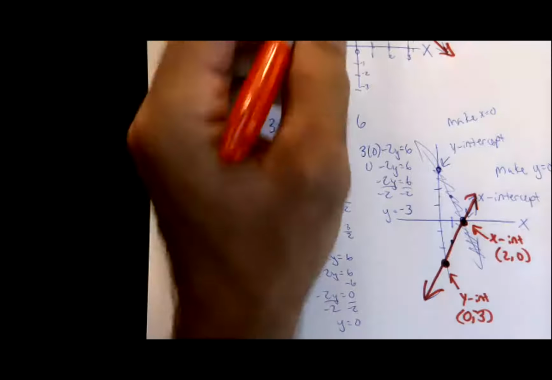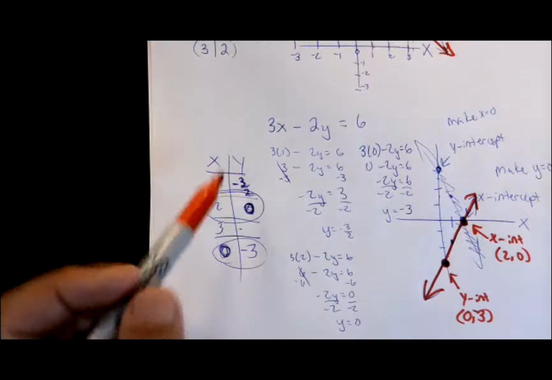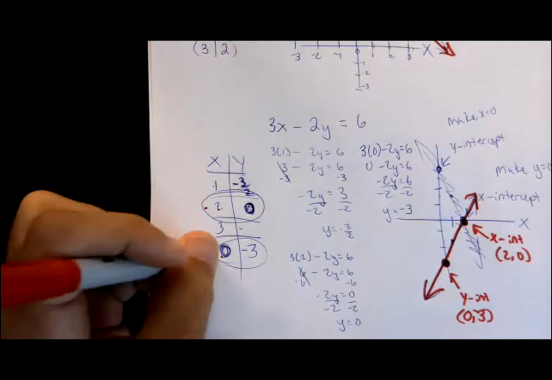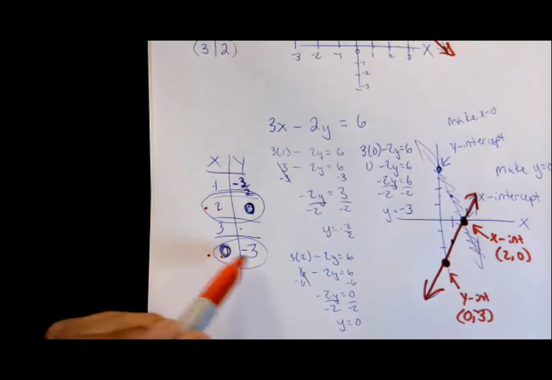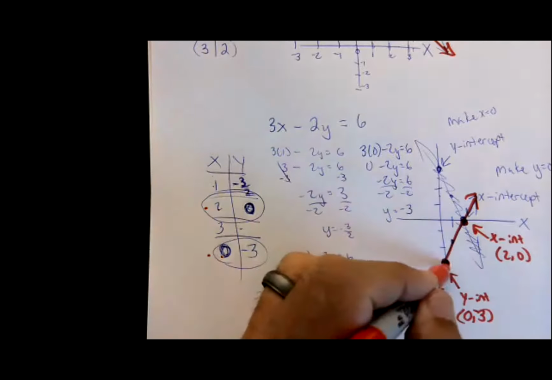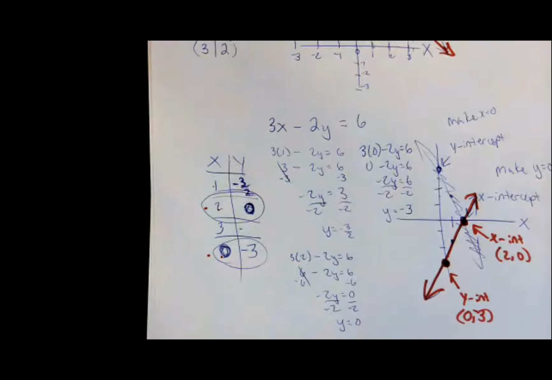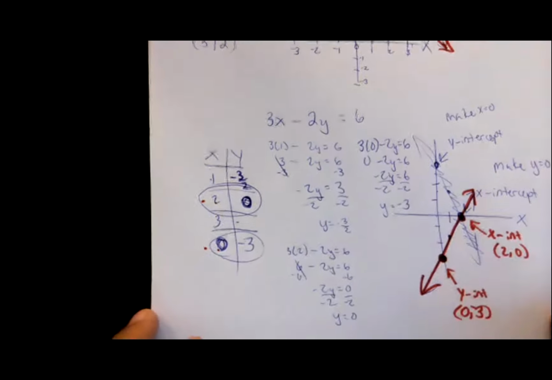In terms of graphing a line, these are 2 points that are typically pretty easy to find. That's what I would typically use to graph, especially if you get pretty little whole number answers for both. I would draw those dots, connect those dots, and that's what you would need to do.